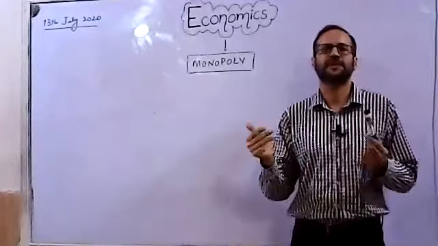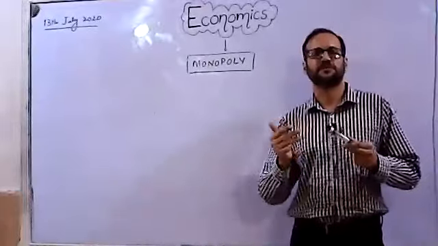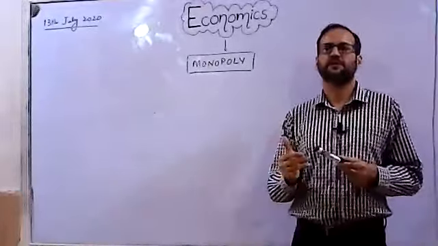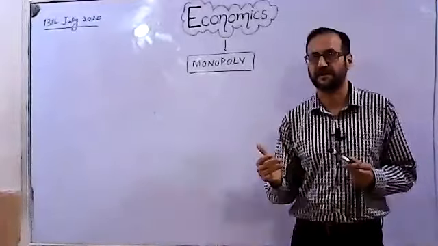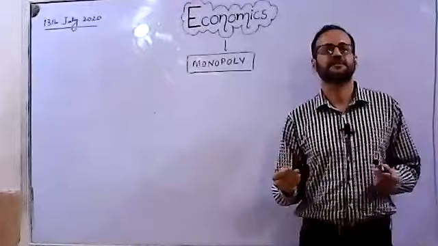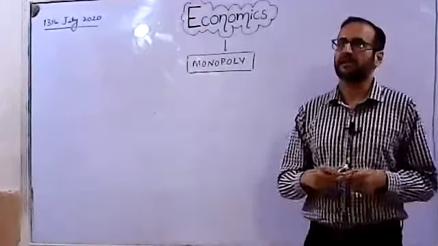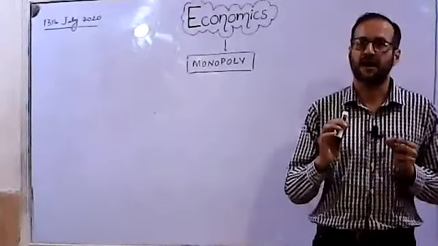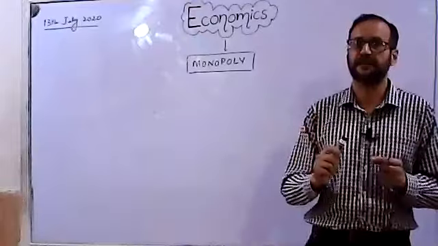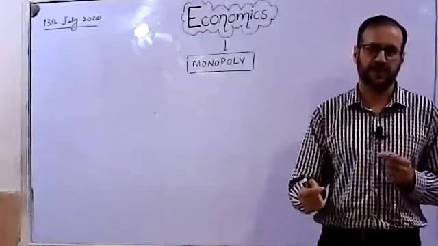And then we have the mobility of the factors of production, the customers and the producers. Everybody has perfect knowledge about the market condition. And the last but not the least was that usually the firms in perfect competition are price takers. They cannot influence the price.